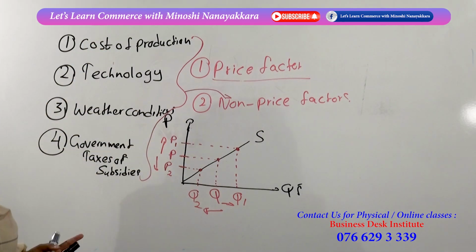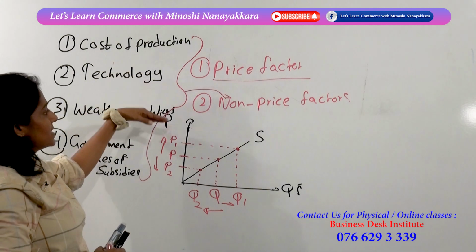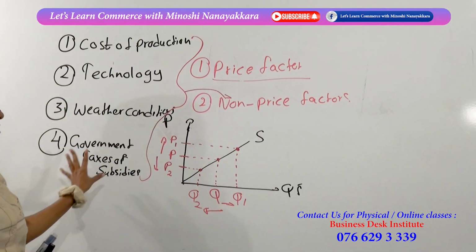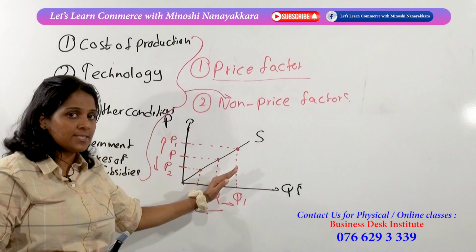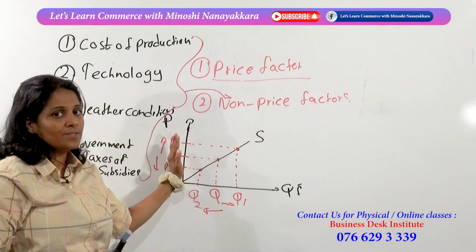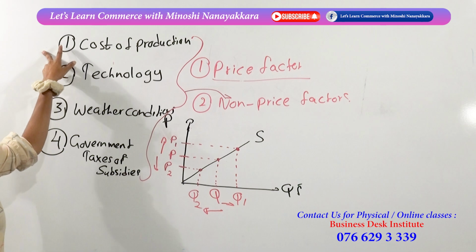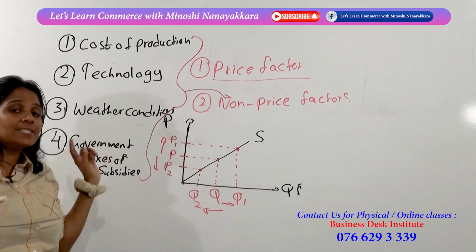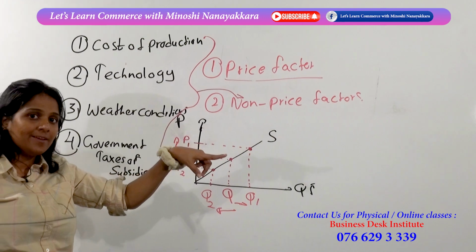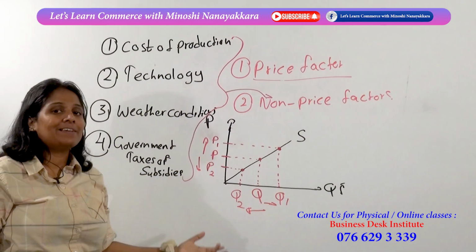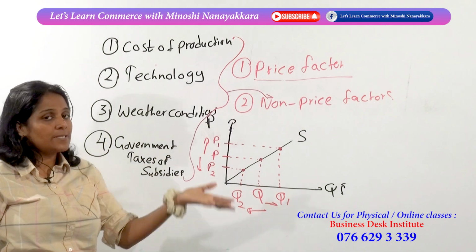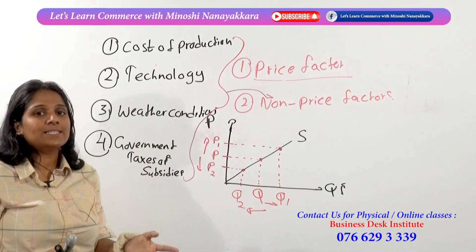Okay, now the first thing is, as all these are non-price factors, when these change, we are going to shift our supply curve to the left or right. Now, if it is the cost of production, we know that when the cost of production is high, it discourages the producer, and the producer only supplies small quantities.